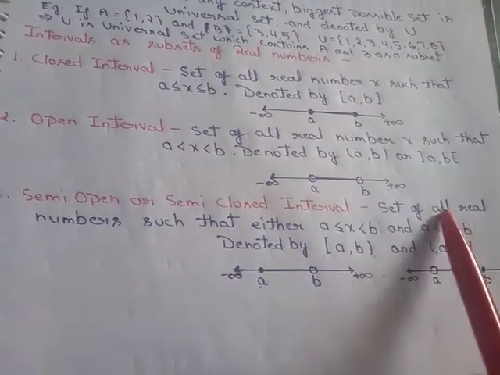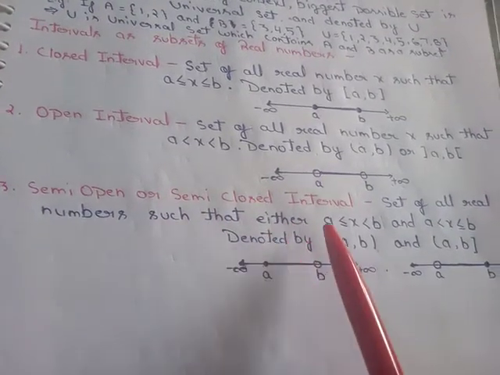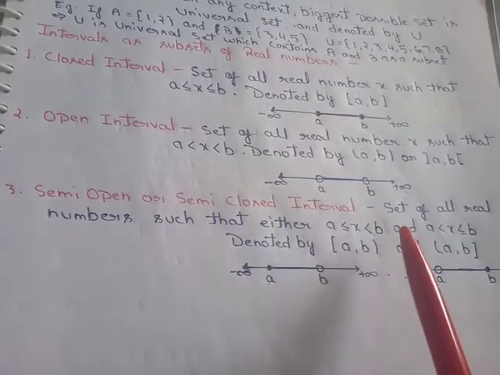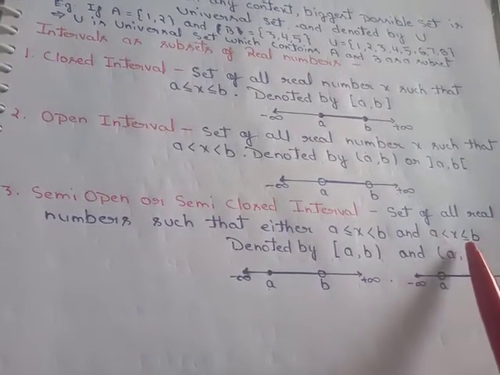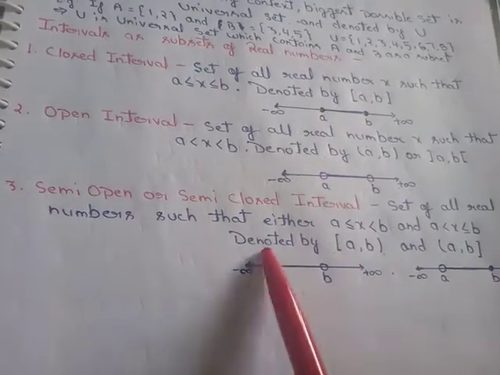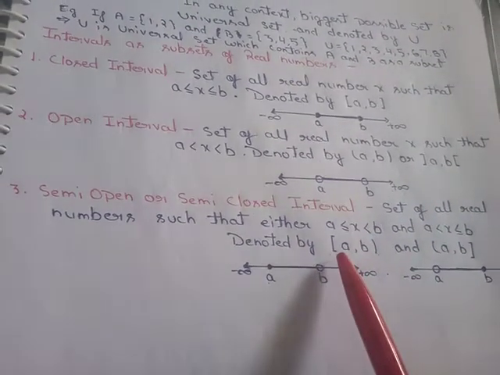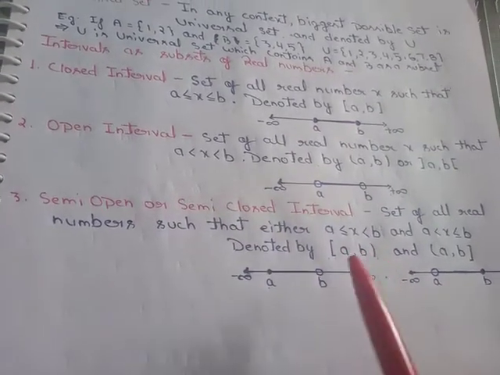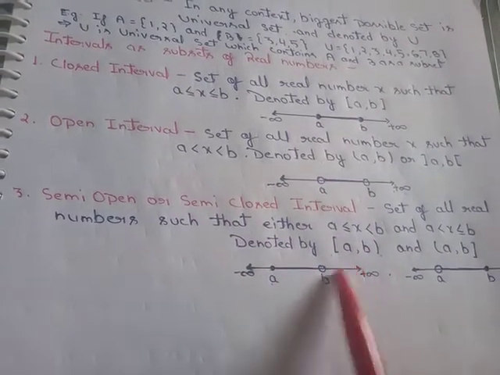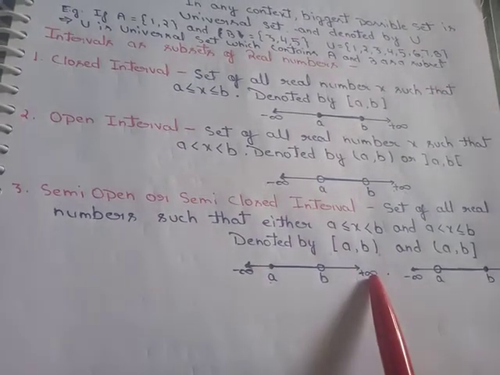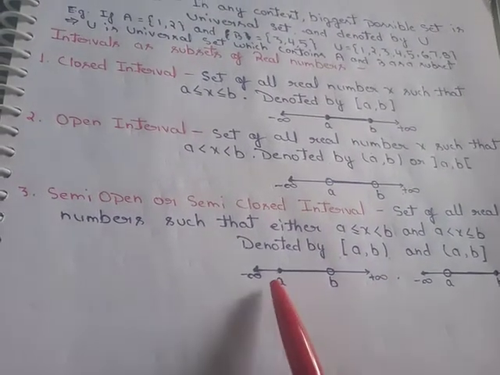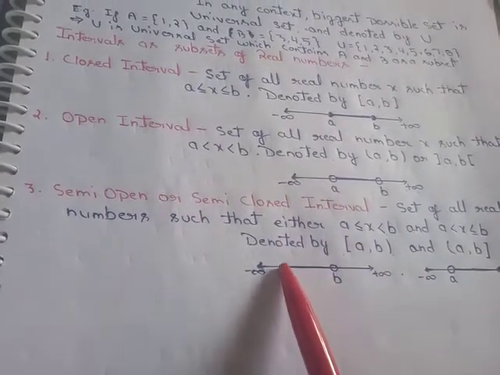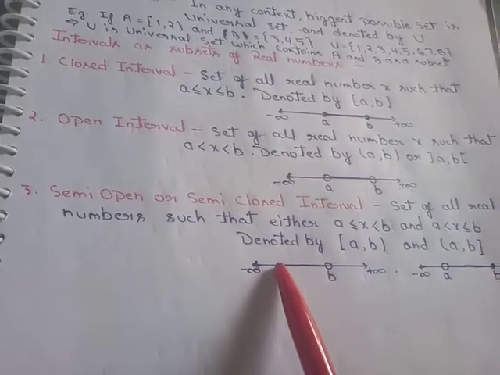The set of all real numbers such that either a less than or equal to x less than b, this is our first condition, and second, a less than x less than or equal to b. So it is denoted by closed bracket a and open bracket b. On the number line, minus infinity to plus infinity, the set of all real numbers, here a is within a closed bracket and denoted by the dot.